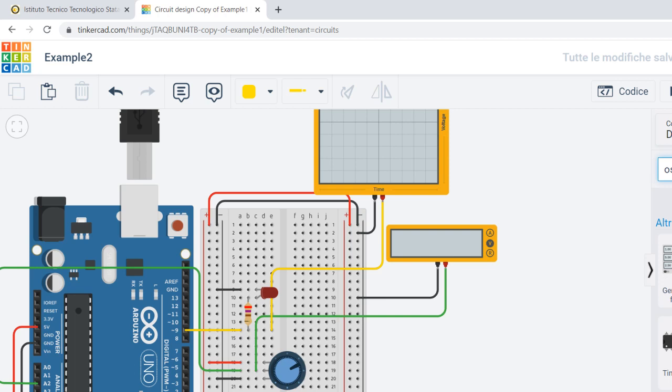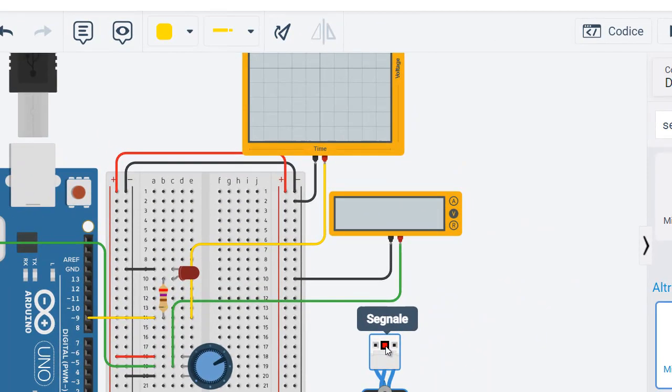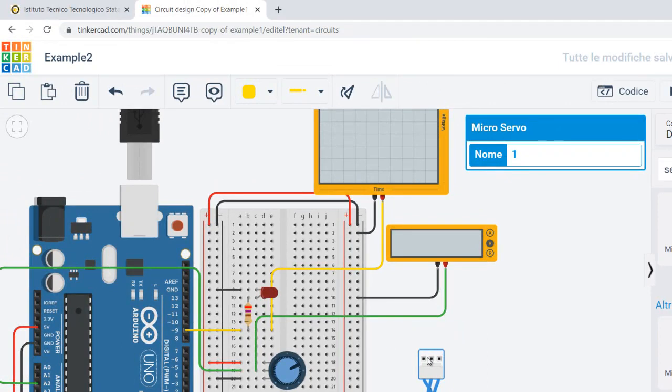Finally, we want to add a servo motor. We have two different micro servo motors. They are the same. For servo motors, we have ground, the power supply, and the signal.